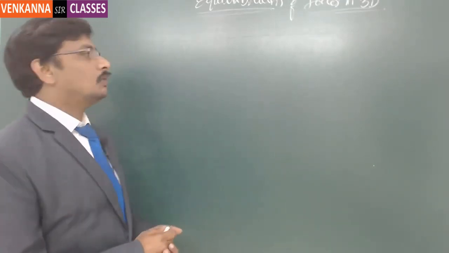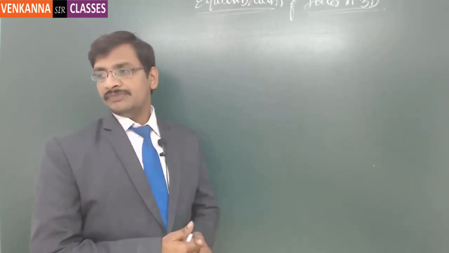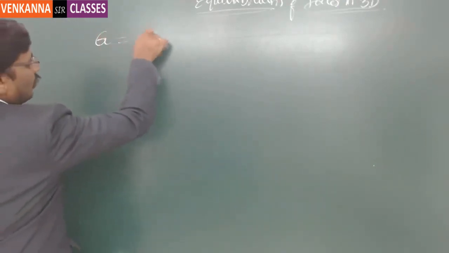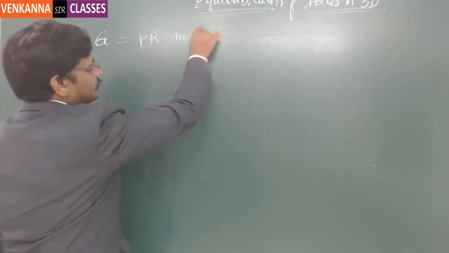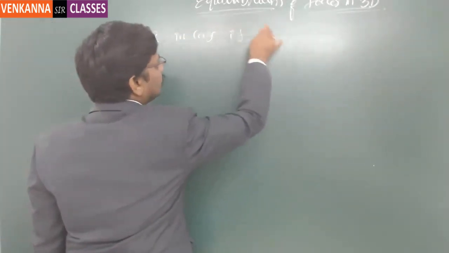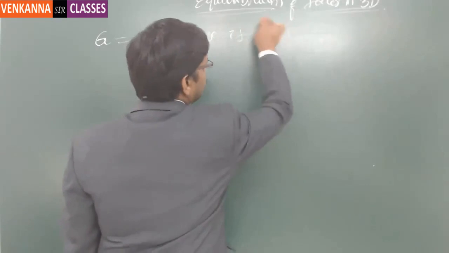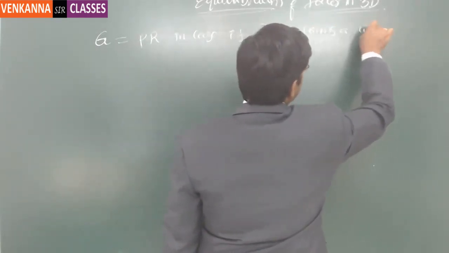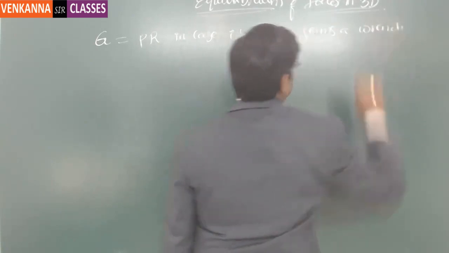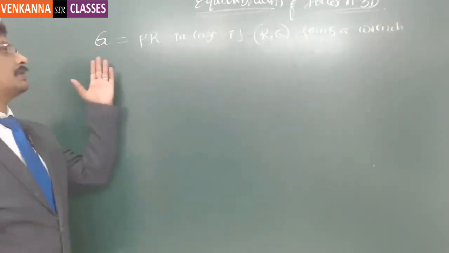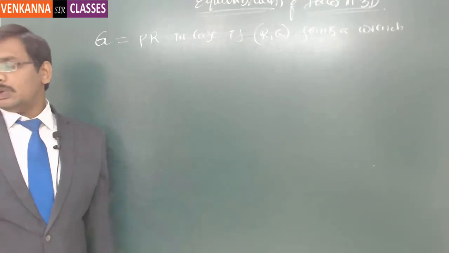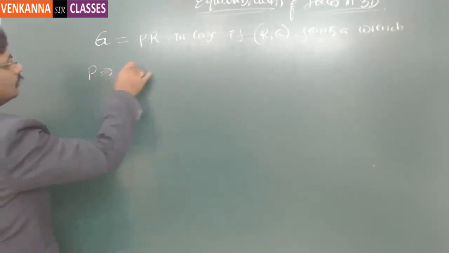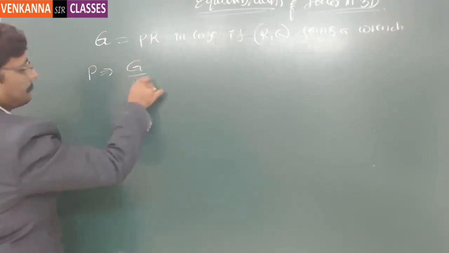In that discussion, we learned G can be expressed as P into R if R, G forms a wrench, where P is the wrench pitch. P is equal to G by R.